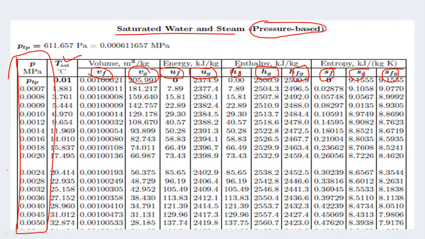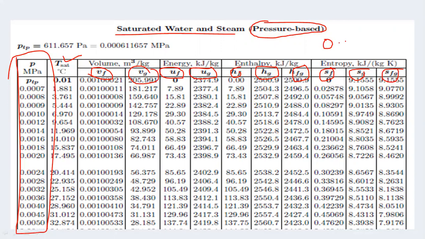Suppose the question given to you is to extract the properties of a steam developed at a pressure of 0.02 bar. I repeat, extract the properties of a steam developed at 0.02 bar.